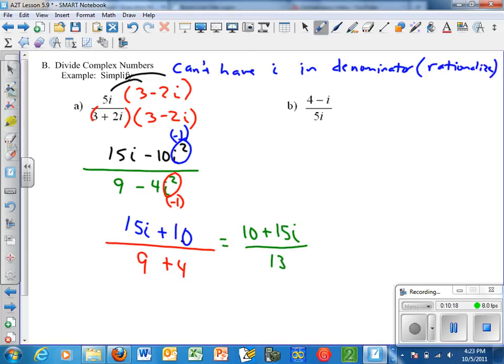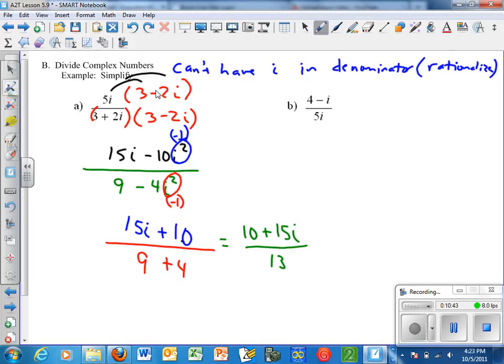Now, with these, there's some different ways you can write the answers. You have to make sure you check to see if you can reduce, like you could with radicals. If there is a common factor of all three of these, you would need to reduce it. Notice 13 does not have a common factor with 10 and 15, so we can't reduce that. Okay, so you could just leave your answer as 10 plus 15i over 13.